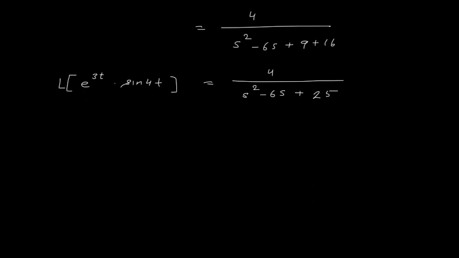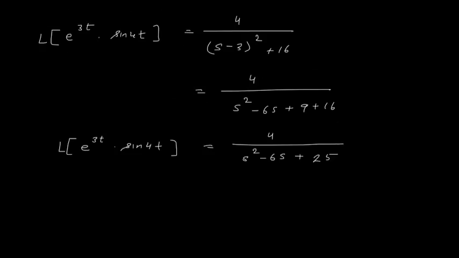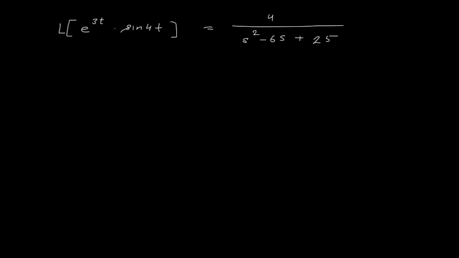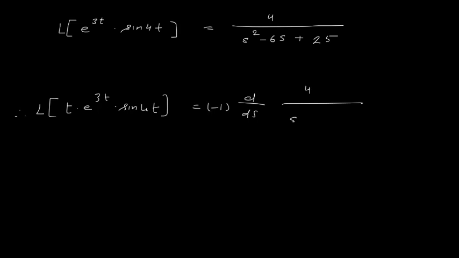Now in the next stage we will use the multiplication theorem. So Laplace of t into e power 3t into sin 4t, I will get the answer as, I have to differentiate, so minus 1 into d upon ds into 4 upon s square minus 6s plus 25.